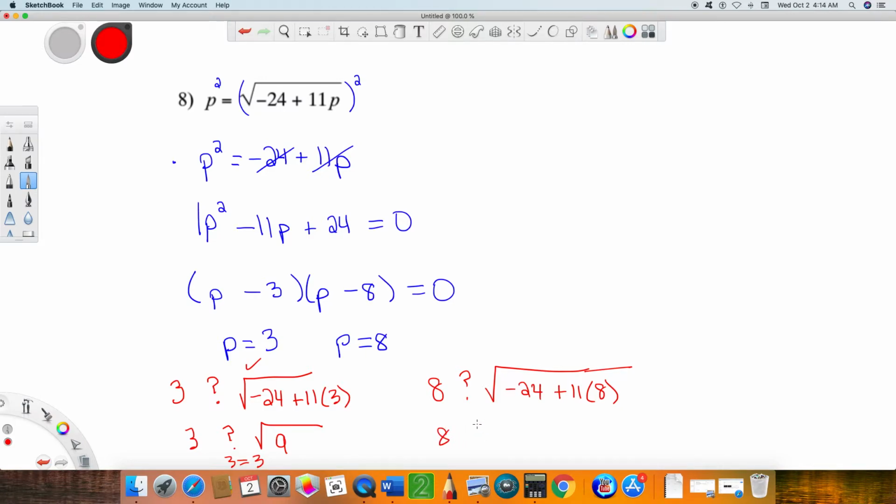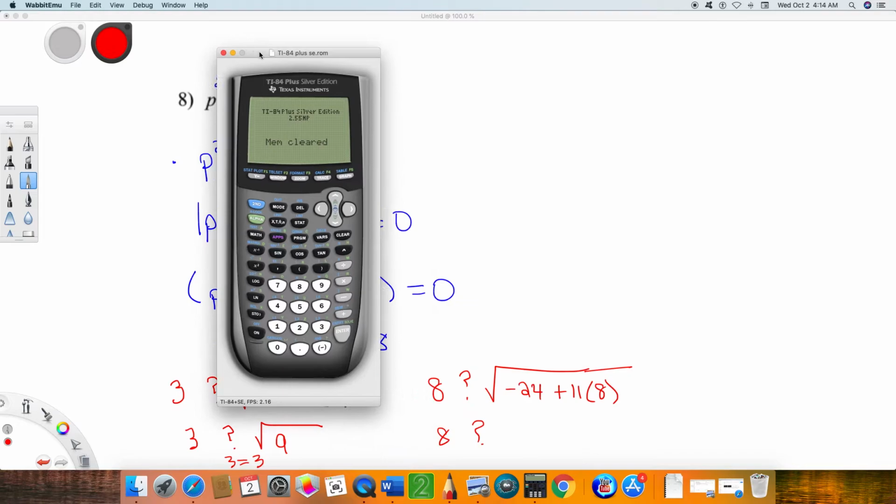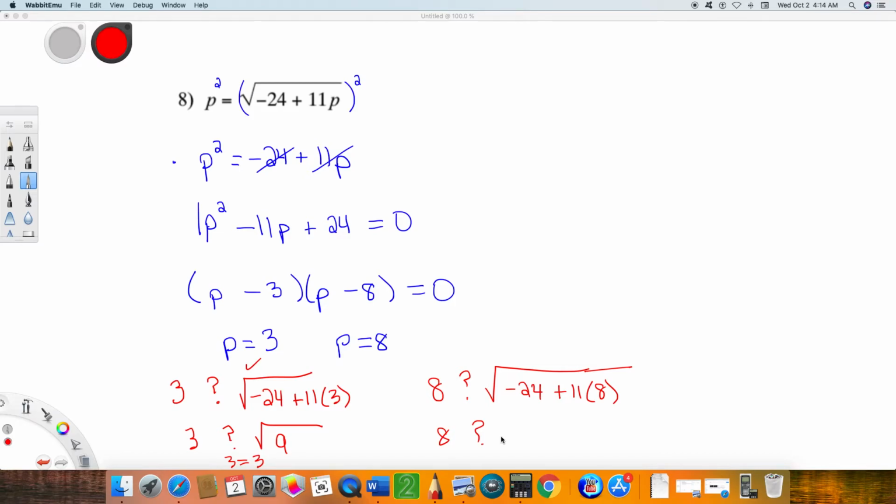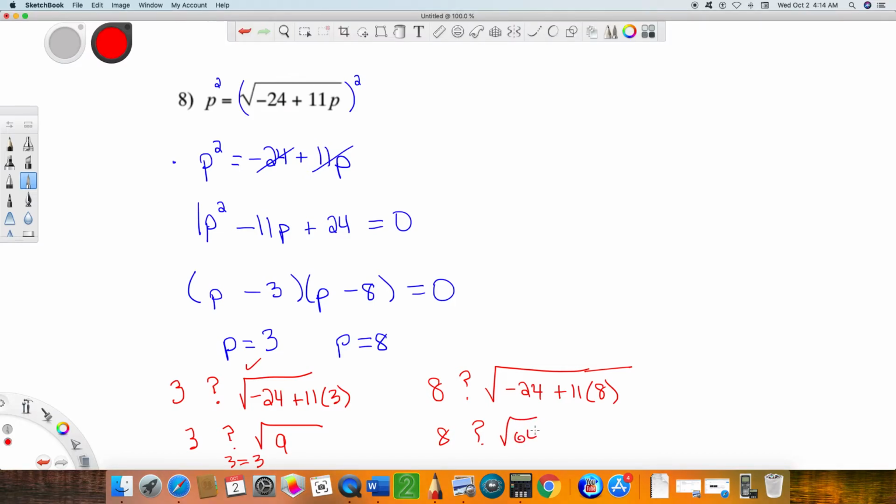So is negative 24 plus 88 equal to 64? I believe it is, but let's double check. Yeah, it's 64. And I know the principal square root of 64 is 8. So this is satisfied.